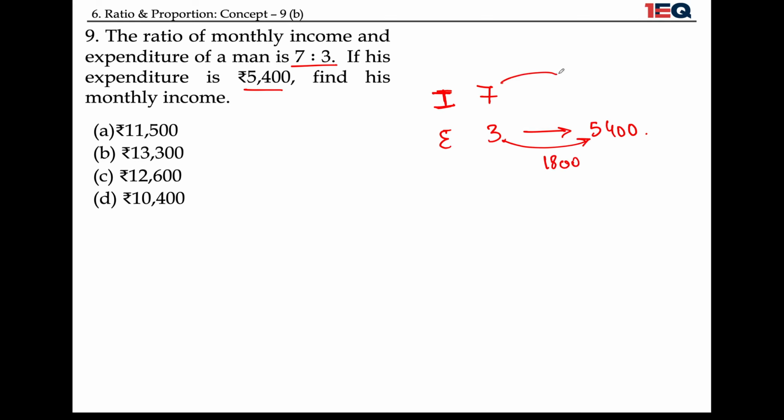So similarly, if 7 is also multiplied by 1800, then I would be able to reach the income. So 7 8s are 56 and 18 sevens are 126. So 126 and two zeros would come here. So finally, the income would come out to be 12600, and this is my output.